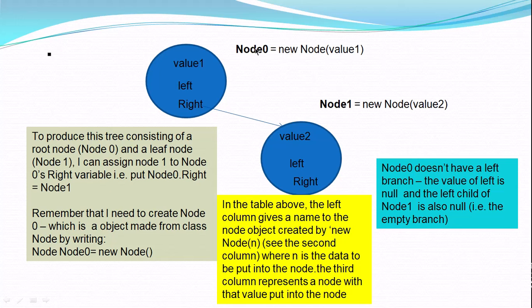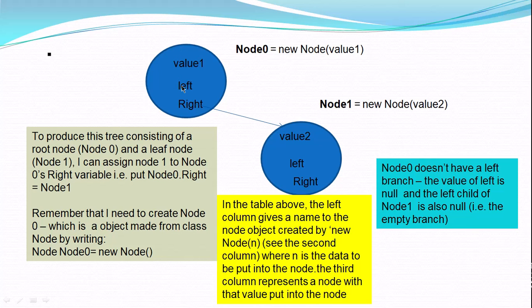What the result of executing this line of Java will be, as discussed in my earlier talk on objects, is I'm given an object and I'm calling it node 0, and it looks like this.